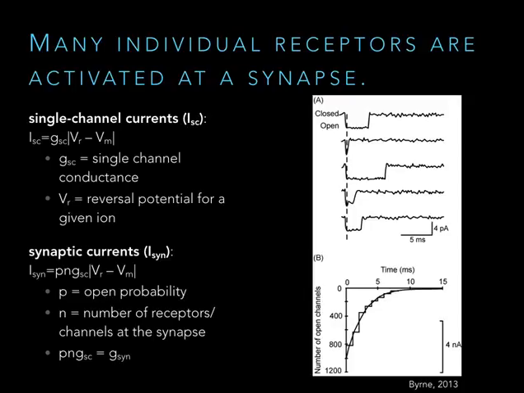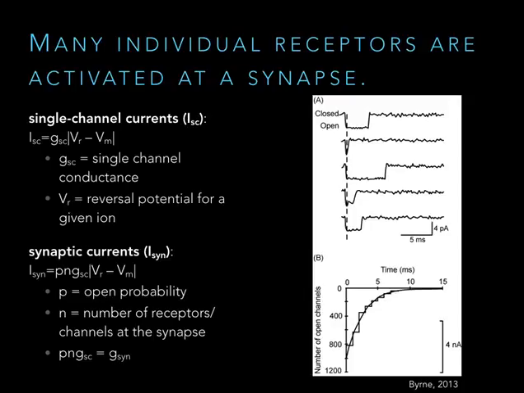The single channel currents are all digital. It's all or none. It's open or it's closed. The synaptic currents, though, are going to have shades of gray depending on how many receptors are going to be open. So you can see the equation here for the synaptic currents is very similar to the single channel currents. There are just two additional variables.